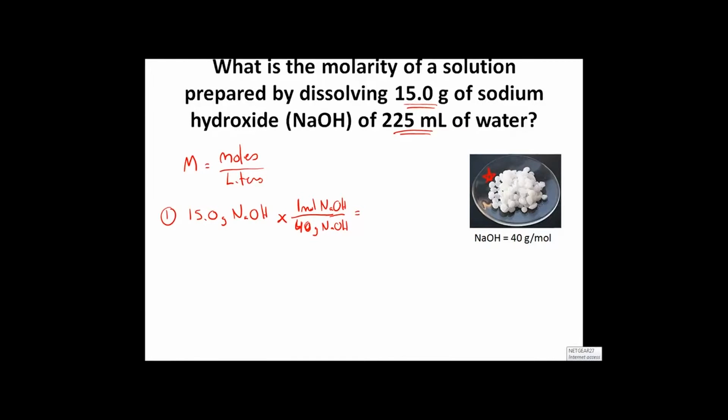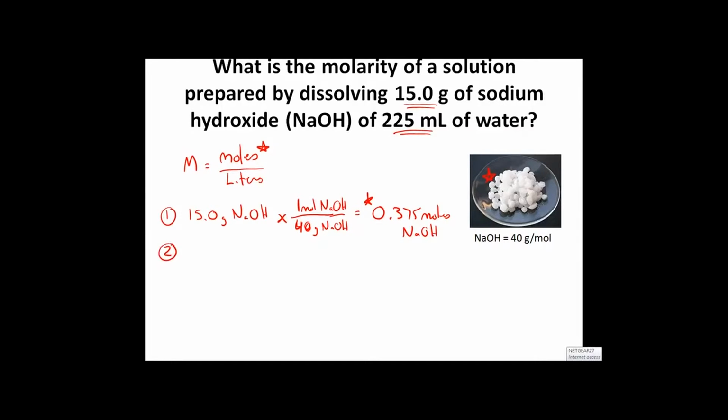So let's do 15 divided by 40. I end up finding that I have 0.375 moles of NaOH. Alright, so that has gotten us the top part right here in our formula. So we're pretty close now to calculating the molarity. Molarity is moles divided by liters.